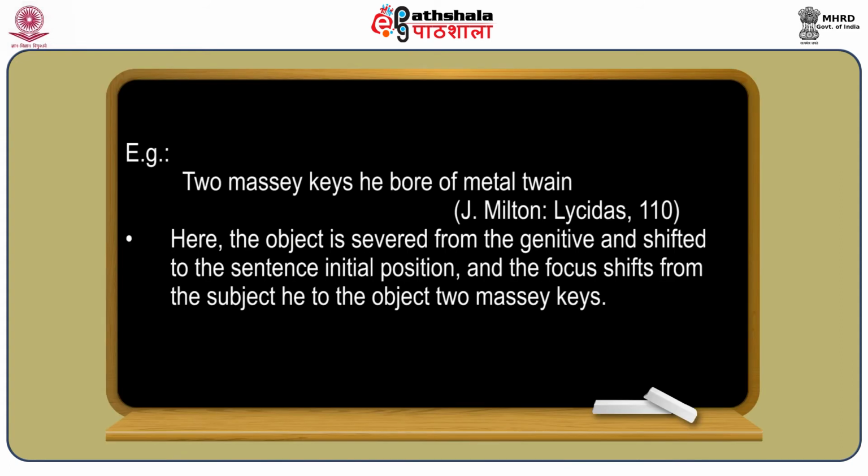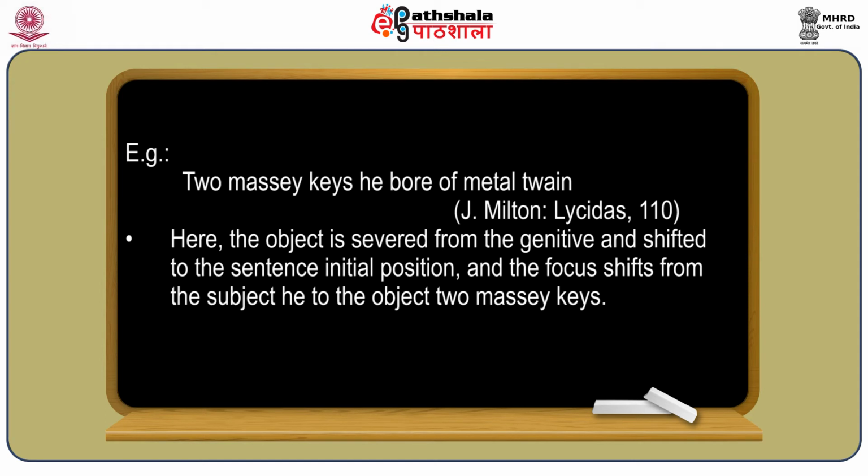The normal sentence of English would be, "He bore two massy keys of two metals," or twain metals. He carried two big keys of two metals. But in the above poetic line, the object is shifted to the sentence initial position.